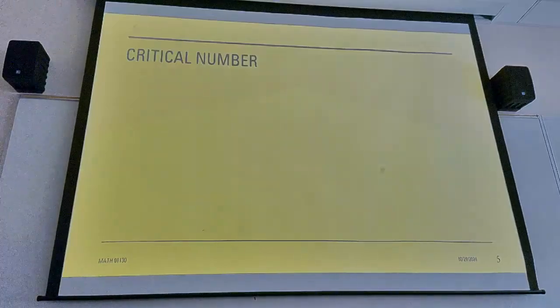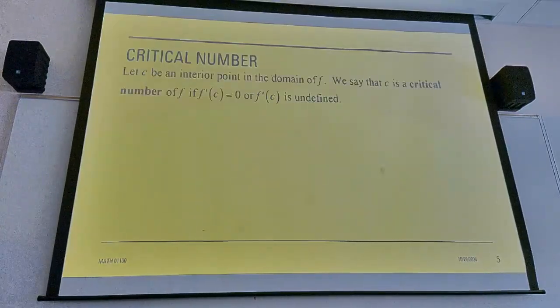We need the idea of a critical number. Let C be an interior point in the domain of f. That means that C is in the domain. C is a critical number of f if f prime of C is 0 or f prime of C is undefined.